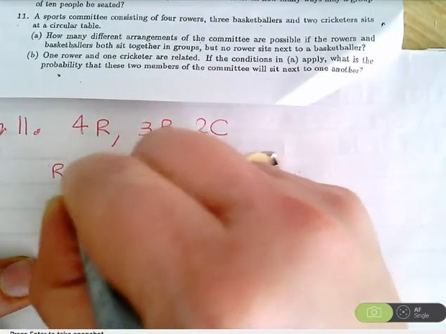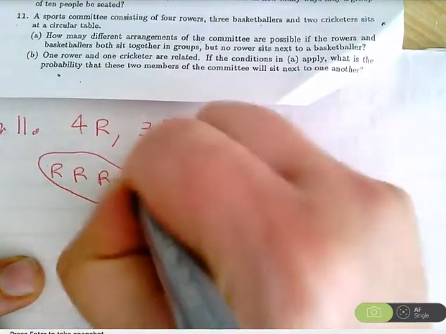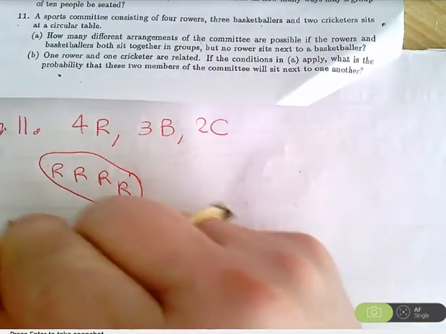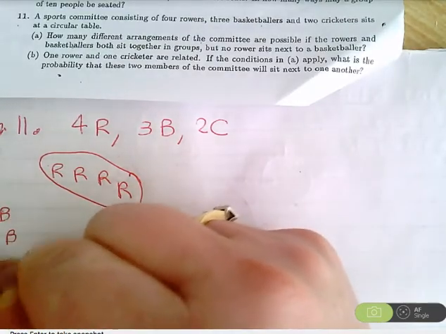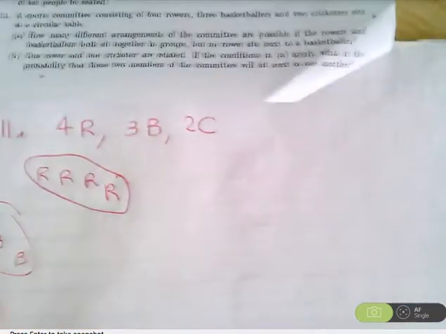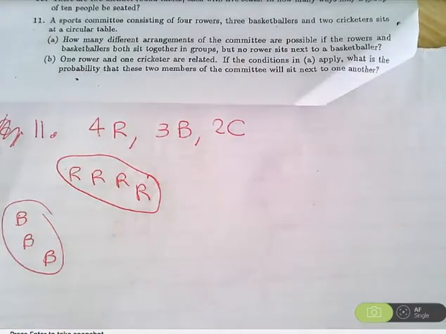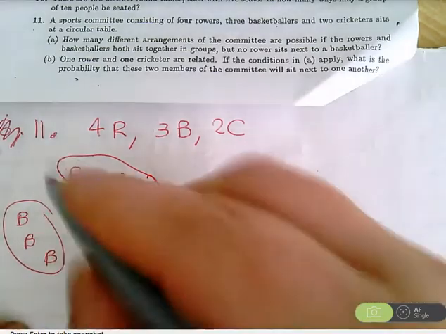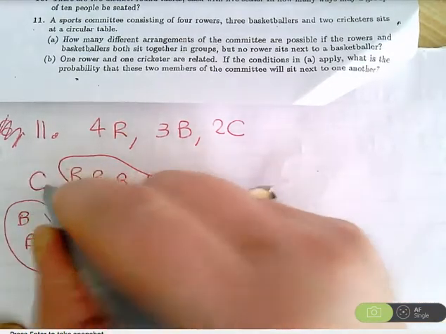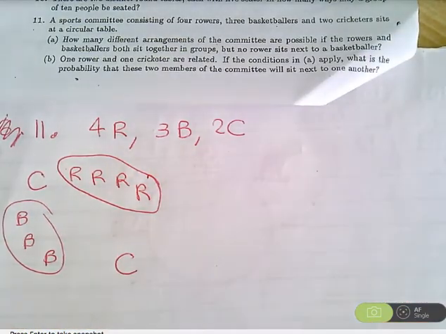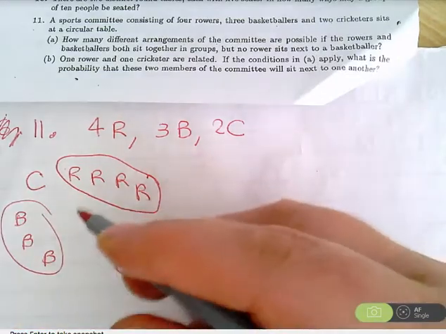We've got the 4 rowers together on the table somewhere and the 3 basketballers together somewhere. And it says no rower sits next to a basketballer. So doesn't it have to be a cricketer there or there? So that's our table.